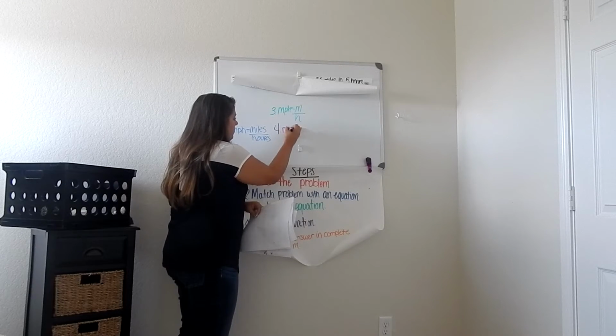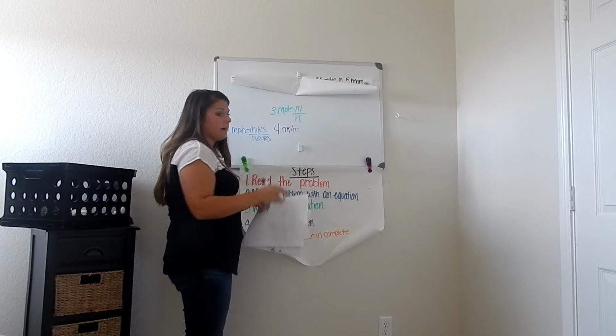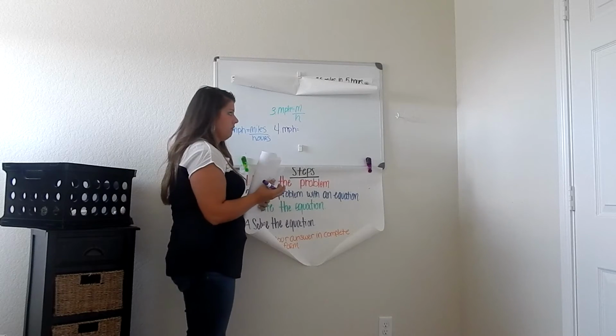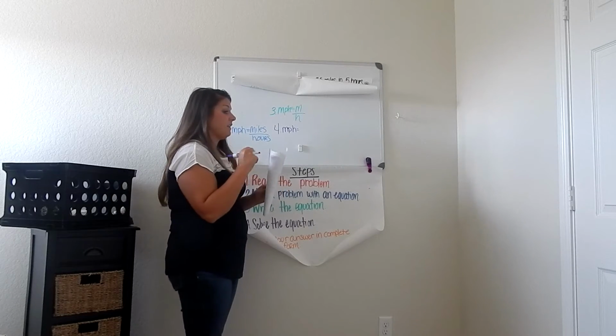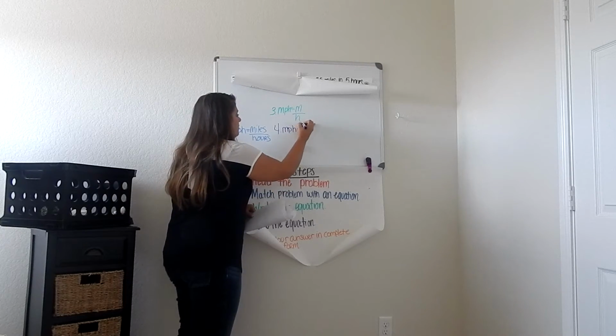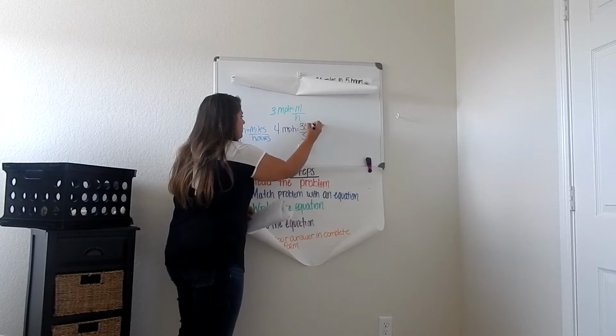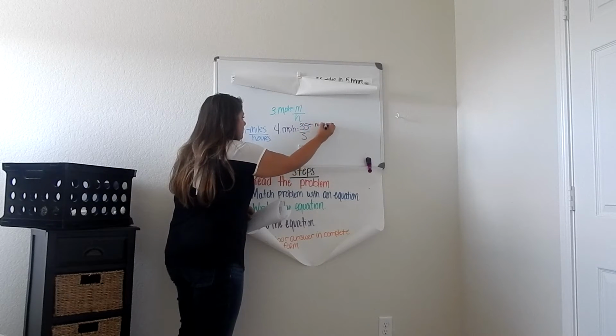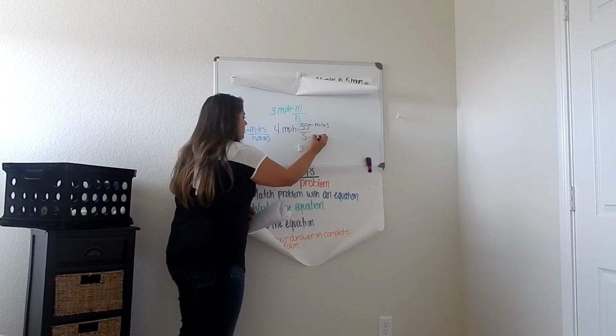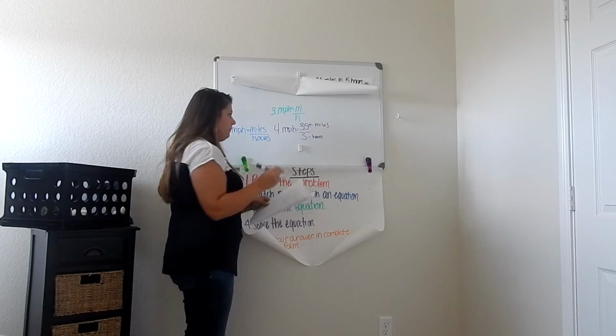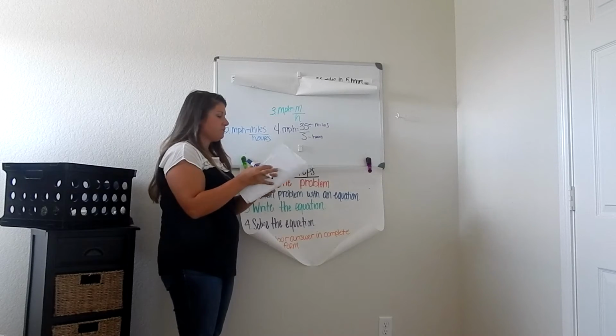Miles per hour equals, how many miles is he going? 35 miles in 5 hours, right? So we're going to do 35 divided by 5, because this is miles and this is hours. Okay, so now we're going to divide it.